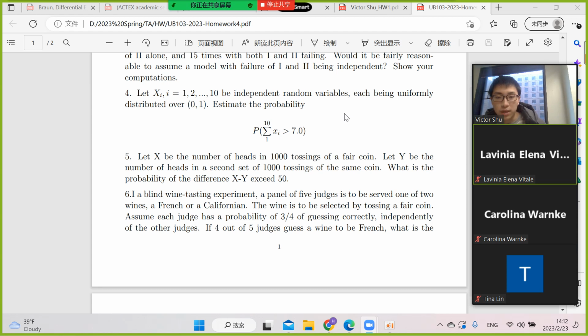But in order to utilize the central limit theorem, remember your central limit theorem, the formula is z equals x, the number which is given in the prompt, which in this case is 50, divided by the standard deviation of the random variable. That's the formula of your z-score, if you have reviewed the central limit theorem.